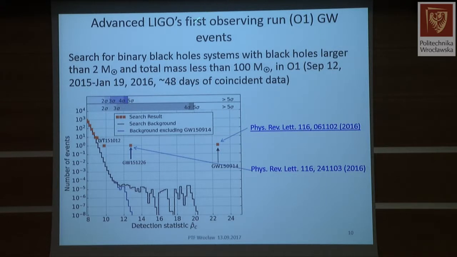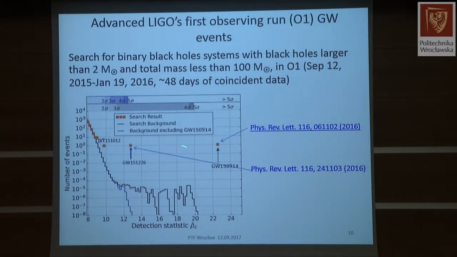In the first observing run of the LIGO detectors, which started in September 2015 and ended in January 2016, basically two gravitational wave signals were detected, and there was a third one which was not sufficiently significant, but matched the template very well. Here you see this detection statistic, the correlation that you get through matched filtering, and this is the number of events.